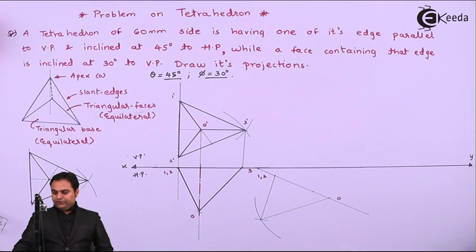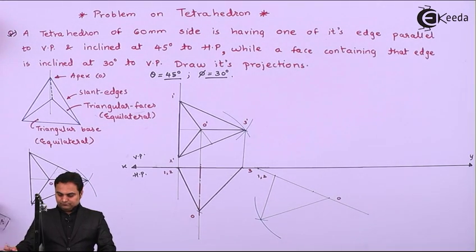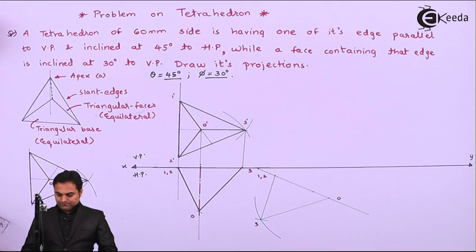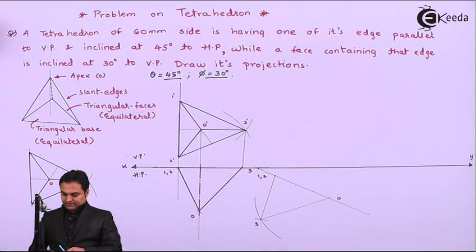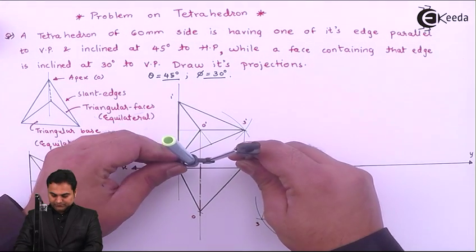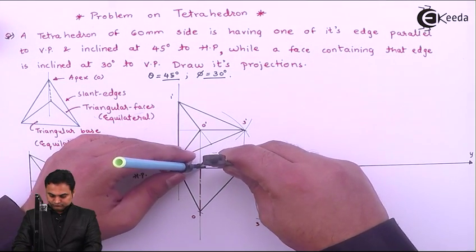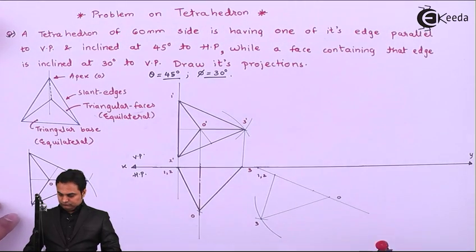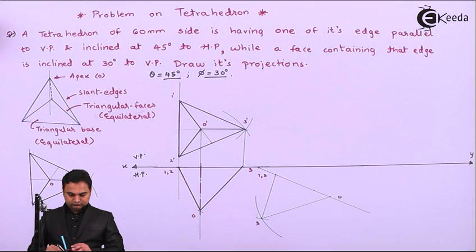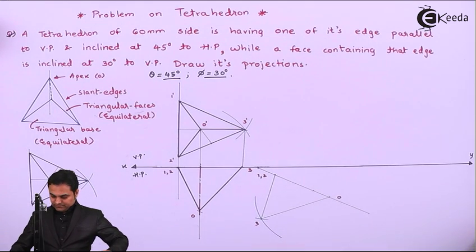Now here I'll mark point 3. Then for the axis, I'll take the distance from point 3 up to this center. Marking the distance.